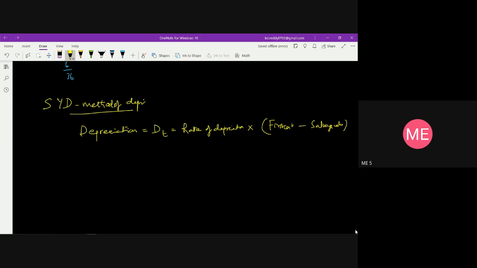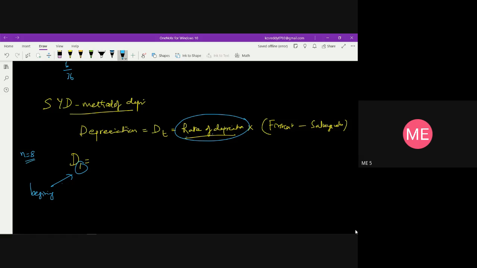So in this case, the depreciation Dt is calculated by using the rate of depreciation. Say for example you are calculating D1, the rate of depreciation should be maximum for the first year, the beginning. So at the beginning, the rate of depreciation should be high. It means that n is equal to 8.